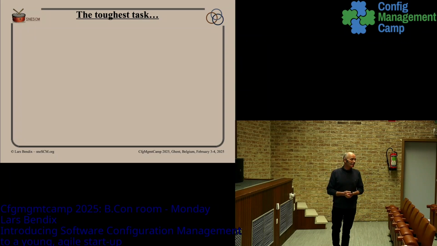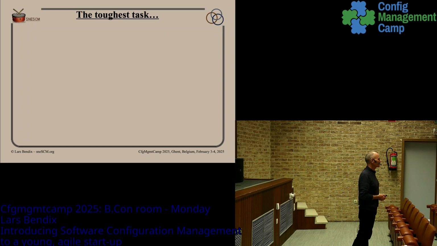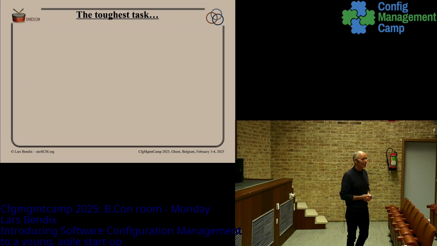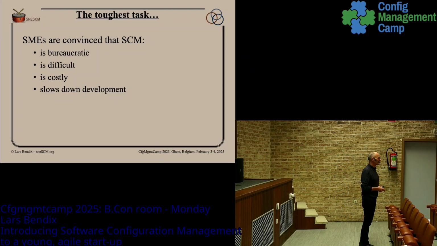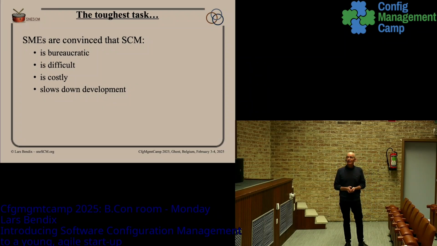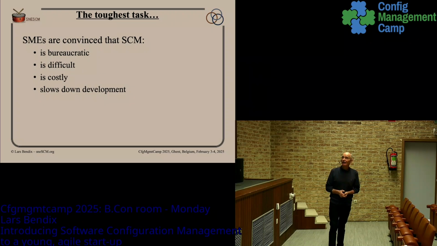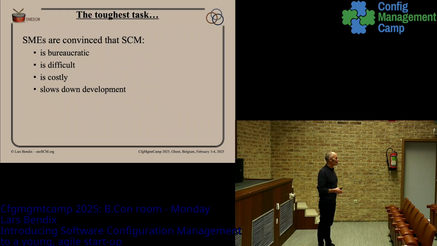The toughest task I find when I go around and talk to people is that small and medium enterprises are convinced that software configuration management is absurdly bureaucratic. It's extremely difficult, and it's very costly, and it slows down development.